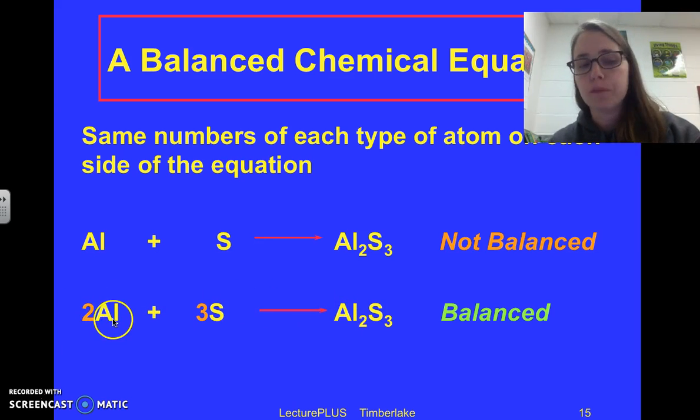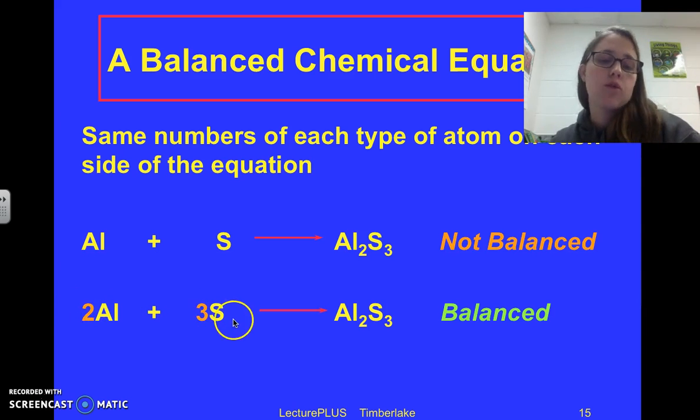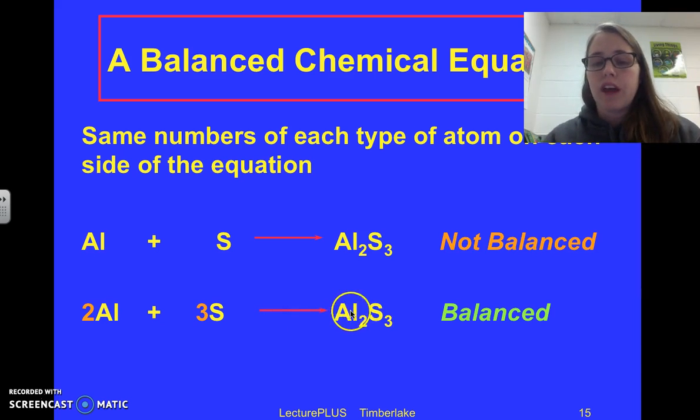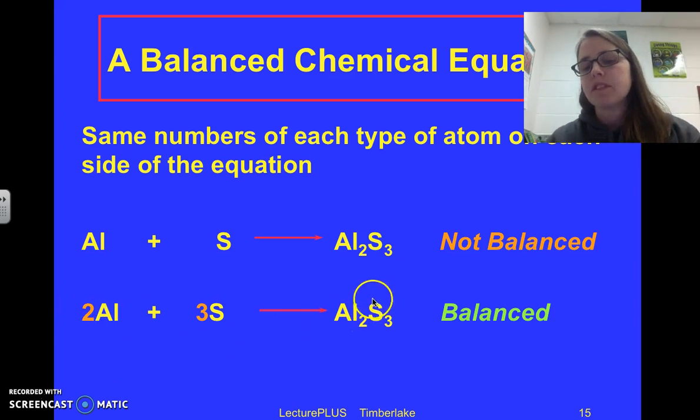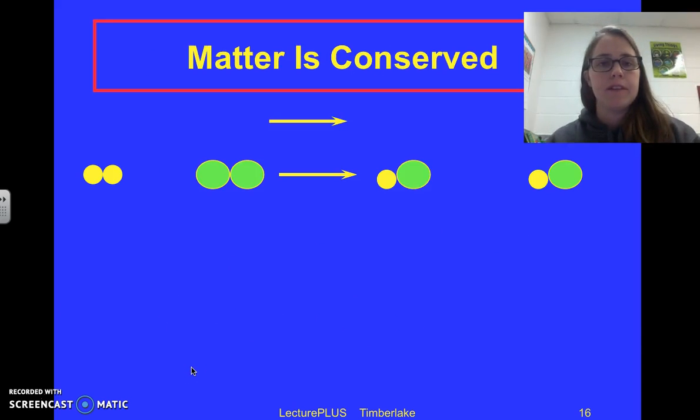So now we have 2 aluminums, plus we knew we needed 3 atoms of sulfur here, so we add a coefficient here of 3. So now we have 2 aluminums plus 3 molecules of sulfur, and that's going to give you 1 molecule of Al2S3. And that's balanced because there are 2 aluminums here, 2 aluminums here, 3 sulfurs here, 3 sulfurs here.